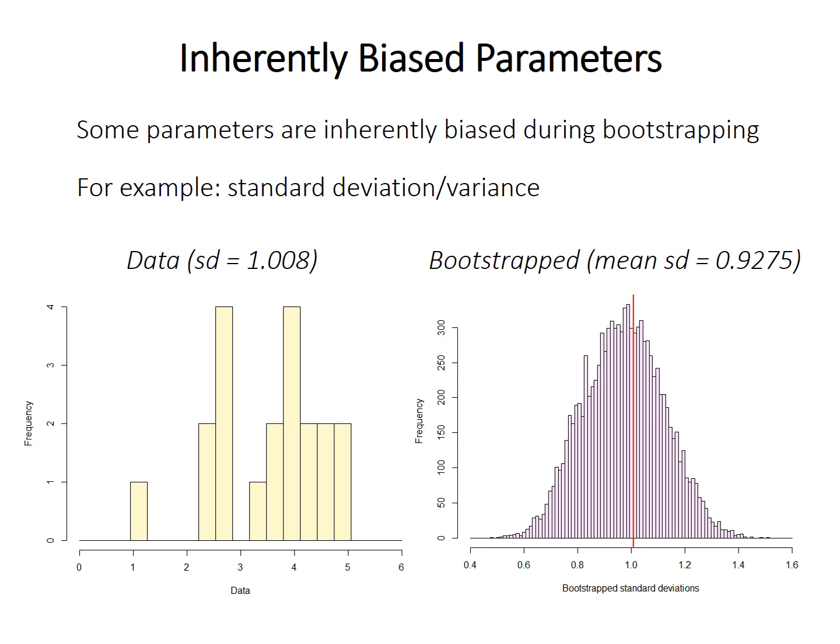So there is one caution, and that is that some parameters are inherently biased during this bootstrapping process. Measures of dispersion, like standard deviation or variance, are the most common example of these biased parameters. Let's say that I resample this data on the left with replacement, as our procedure for bootstrapping calls for.